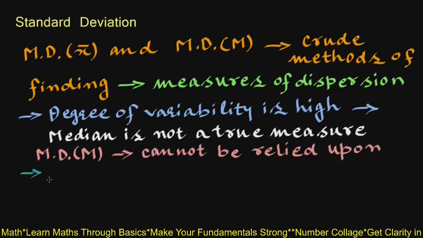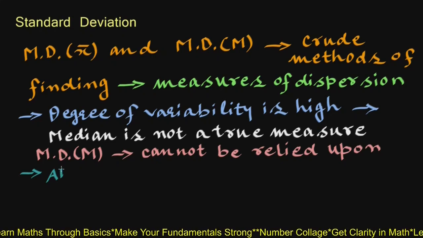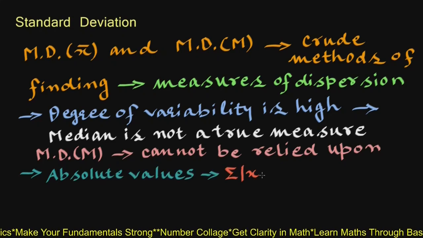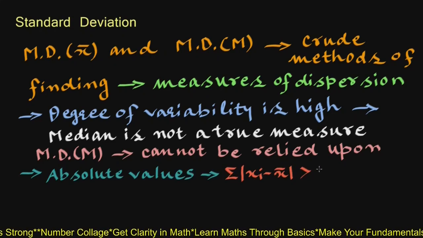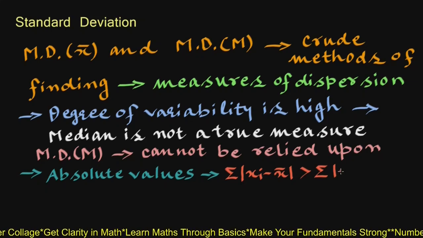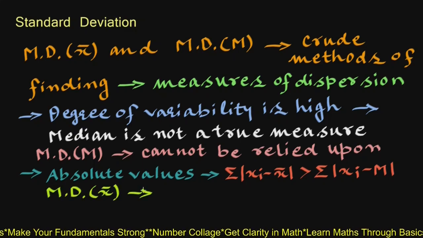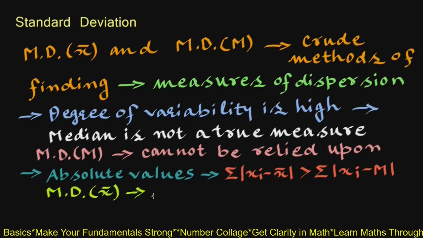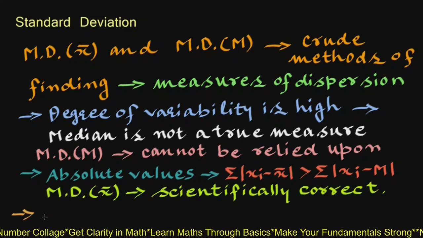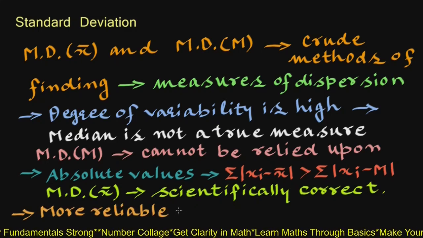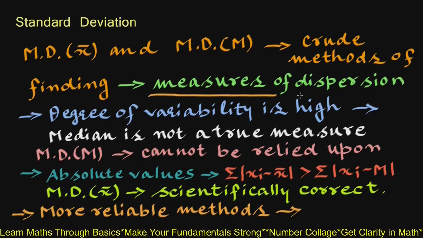Moreover, because of using absolute values, the sum of deviations from mean is greater than the sum of deviations from median. Therefore, mean deviation about mean cannot be considered scientifically correct. So we need more reliable methods to calculate measures of dispersion.